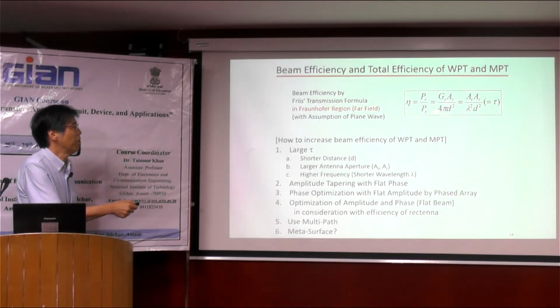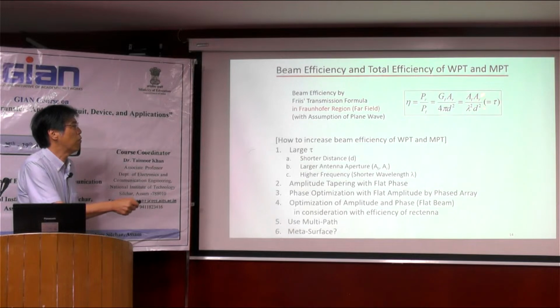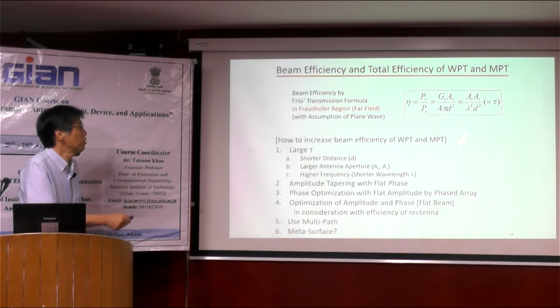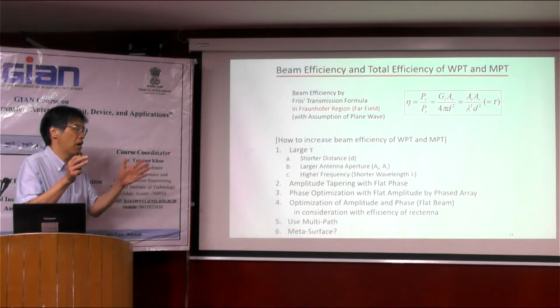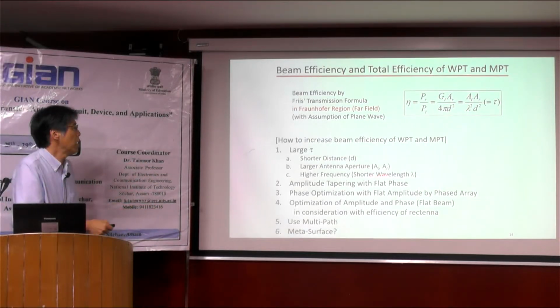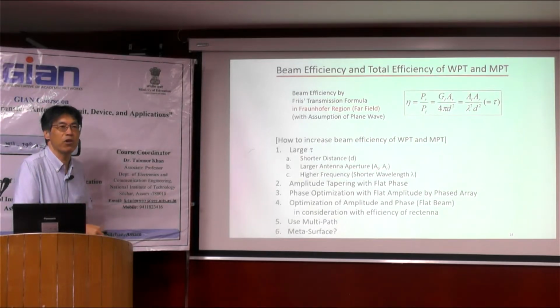It means here you have only 2 or 3 parameters. Of course, 2 or 4 parameters only. So distance d, it depends on the distance between the transmitter and the receiver. And the aperture area of the transmitting antenna and the receiving antenna.